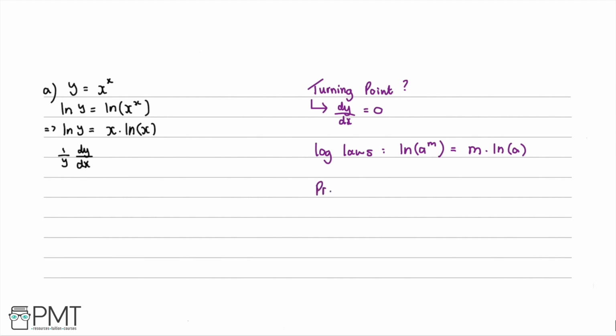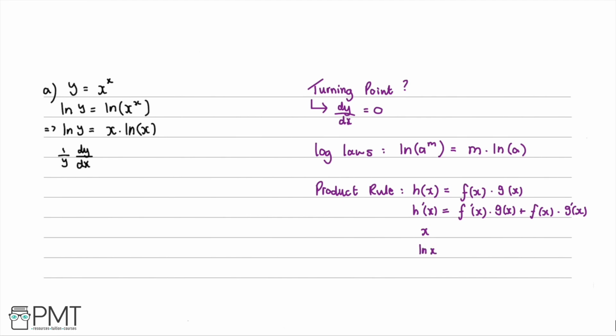So product rule, if we have that h of x is equal to f of x multiplied by g of x, then we'll have that the derivative of h of x is going to be equal to f dash x multiplied by g of x, and then we add on f of x multiplied by the derivative of g. So in our case, we'll have x and we'll have ln of x, and we know that x will differentiate to give 1 and ln of x will differentiate to give 1 over x.